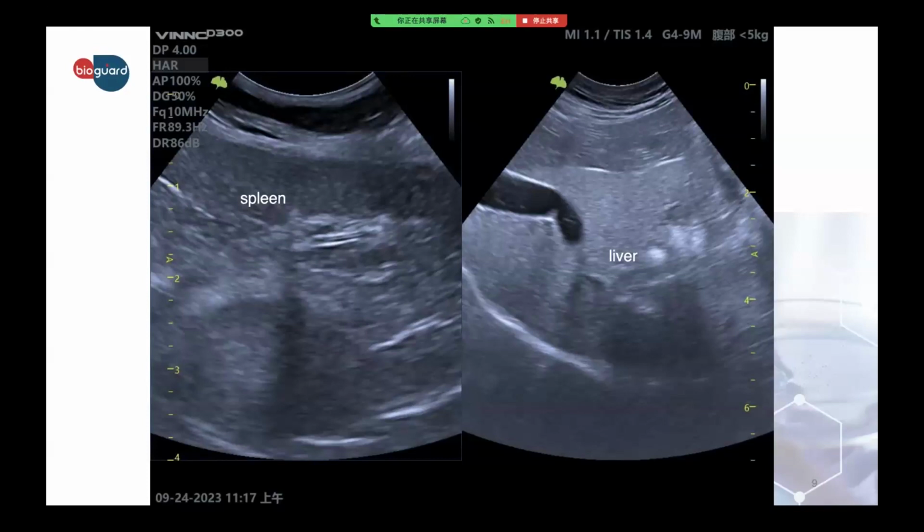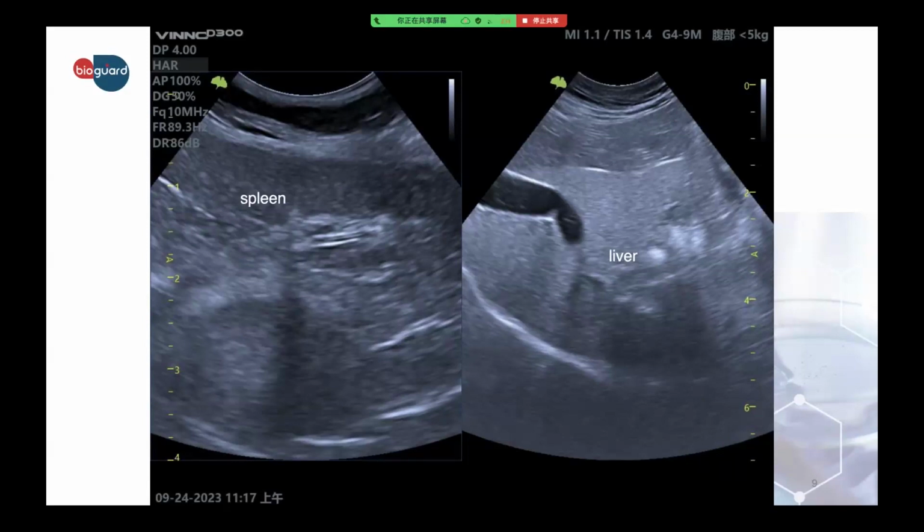Because there is a lot of fat tissue in the hepatic cells, it will cause a specific change in the ultrasound. We can see the area closer to the probe would be higher, and the distal part, the far field, would be lower, because the echo beam would be absorbed by the liver fat tissue.